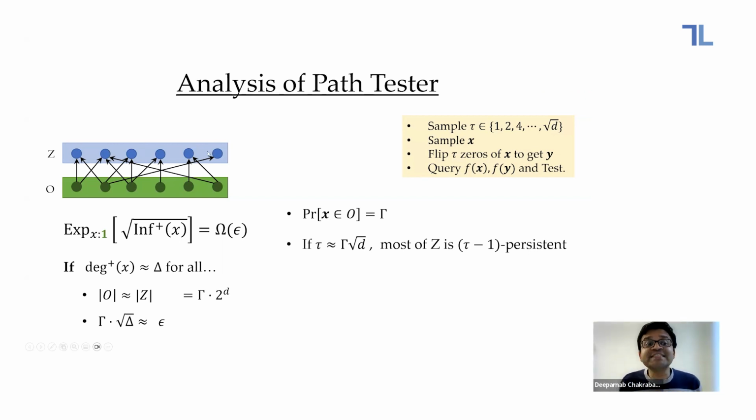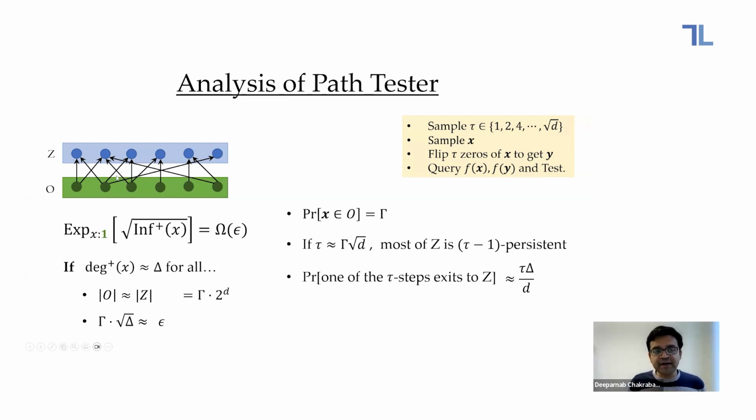So most of these Z vertices, not O vertices, are persistent. What I want is the probability that I pick one of these is gamma. The probability that, taking tau steps, one of them corresponds to one of these delta edges incident on this is roughly tau delta by D. So there are 3 edges coming out of this.